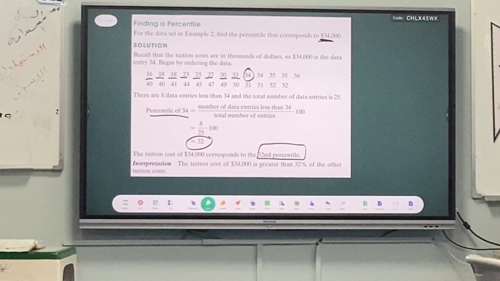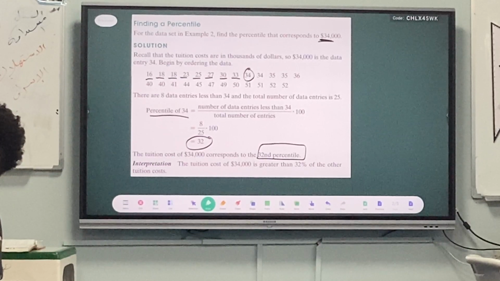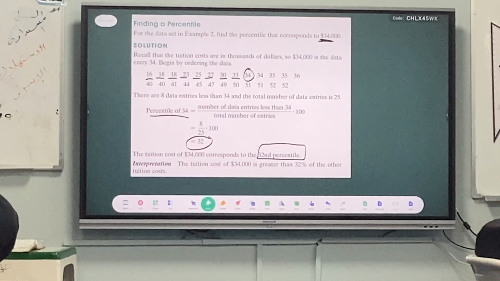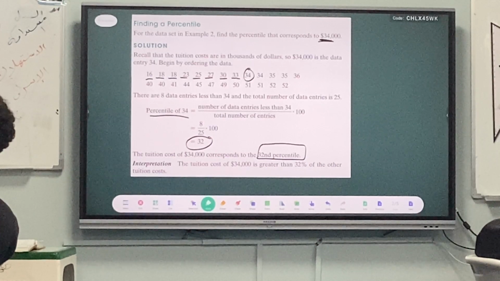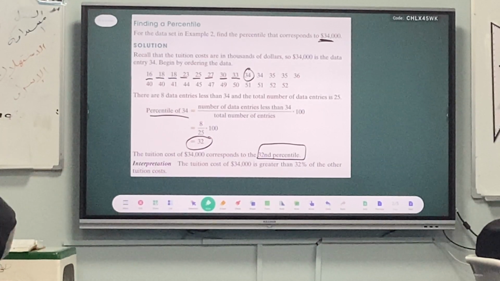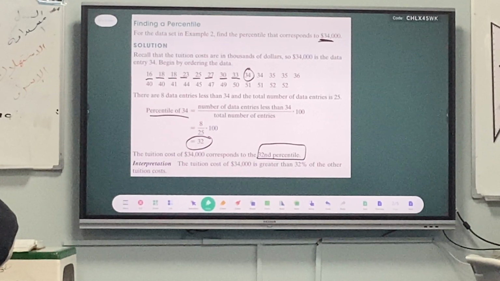It only counts the entries less than 34, not 34 itself. That's why it's greater than. So all of the data entries that are less than 34 make up 32% of the data. Exactly. Good job, Abdul. That's clear now?